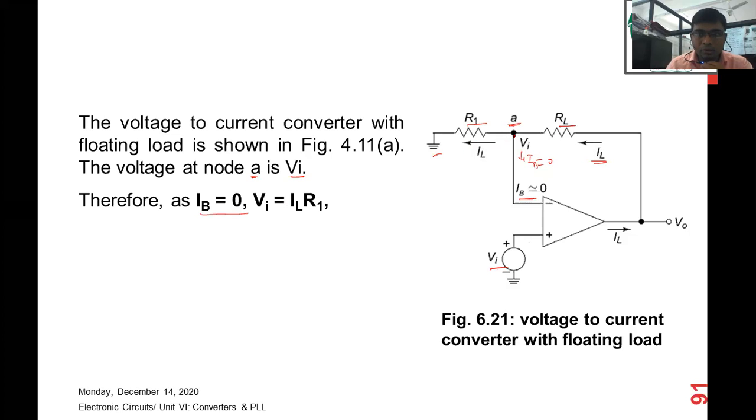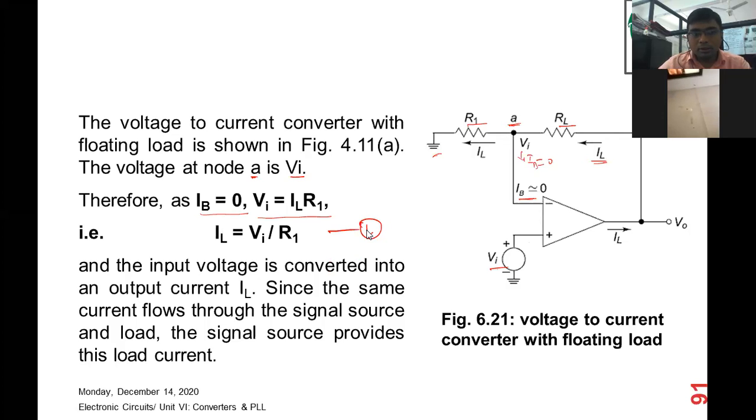So Vi is equal to what? IL R1. Now from this we can also derive IL is Vi upon R1. You can consider this equation number 1.